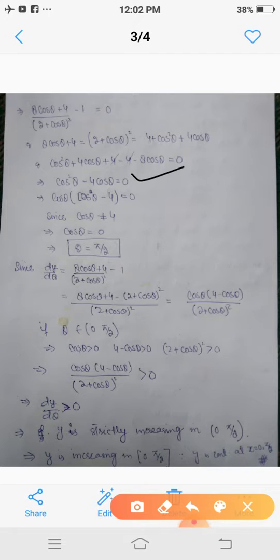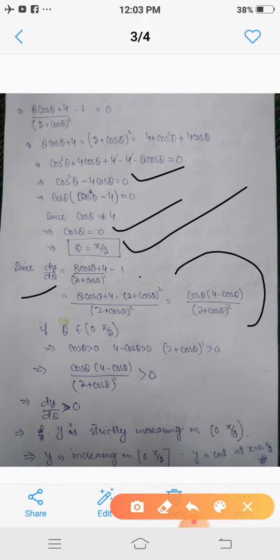Since cos theta is not equal to 4, because the value of cos theta lies between 1 and minus 1, cos theta equals 0, or theta equals pi by 2. Now dy by dx is given by this, so by simplification it is simply cos theta into (4 minus cos theta) upon (2 plus cos theta) whole square.